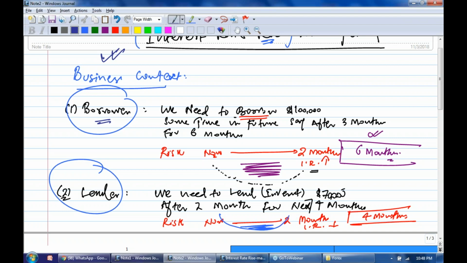So we have a time of only 2 months to protect against the increase in interest rate and the loss for the next 6 months.